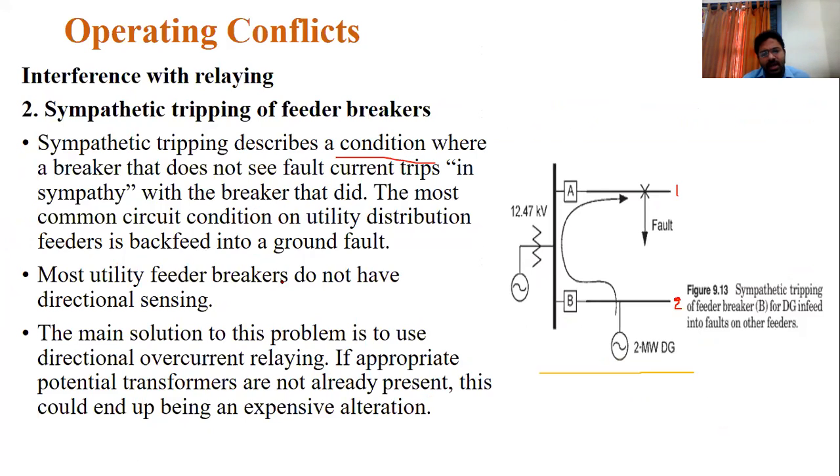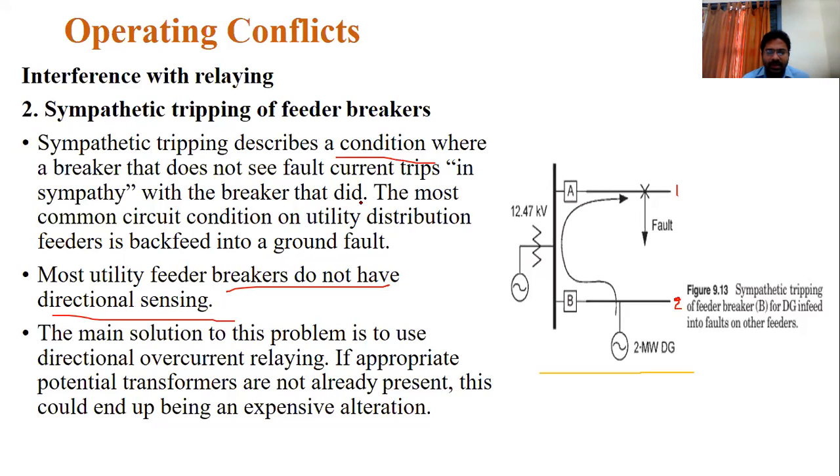Most of the feeders don't have any directional sensing equipment and other things. So the main problem is there are no directional relays to sense the fault currents, to detect those faults and to open the circuit breakers. So there is tripping of the circuit breakers.